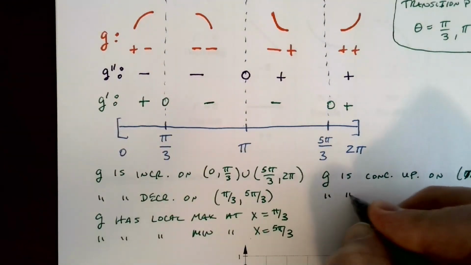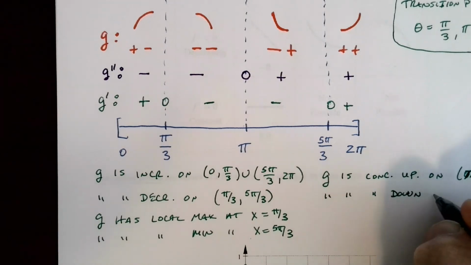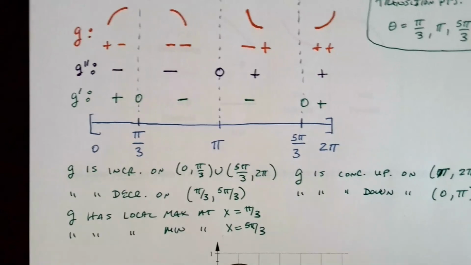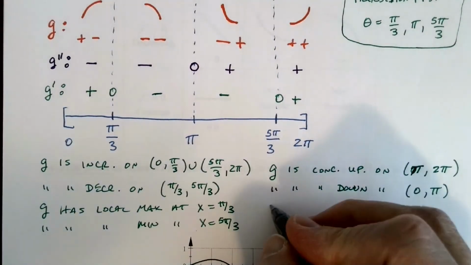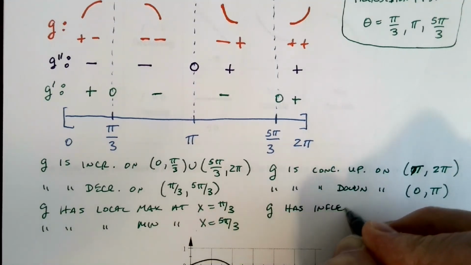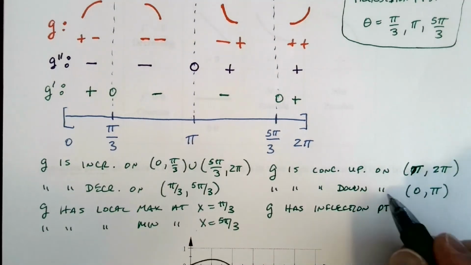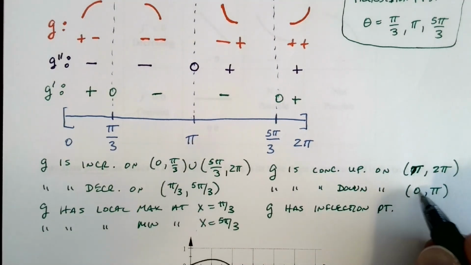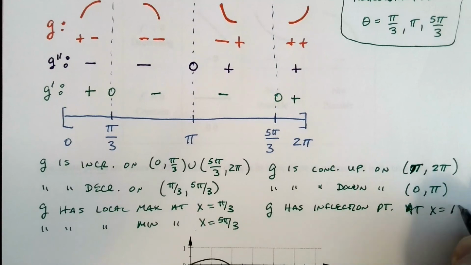So G is concave down on that interval, 0 to pi. And do we have an inflection point? Yeah, we do. Do we have a change in concavity? Yeah, we see right here, it changes from concave down at pi to concave up. So at x equal pi.